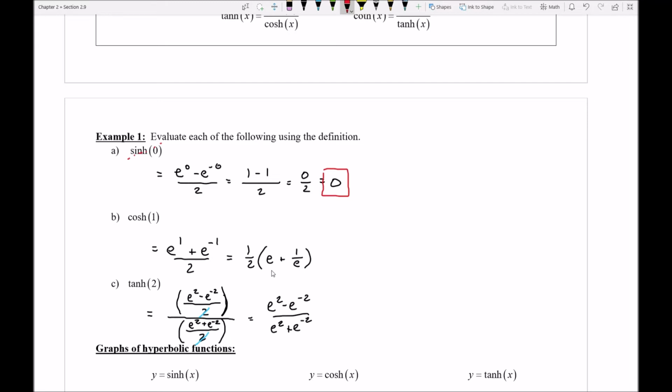However, if I'm going to get a really ugly or nasty value, it doesn't simplify out to be a pretty easy looking number, it's pretty customary to almost just leave this value in as your answer. So I would oftentimes tend to avoid writing 1/2 times this quantity as my value and just kind of leave my answer as hyperbolic cosine of 1.